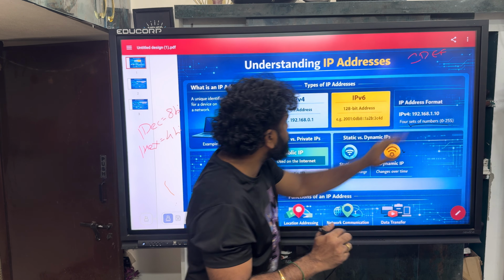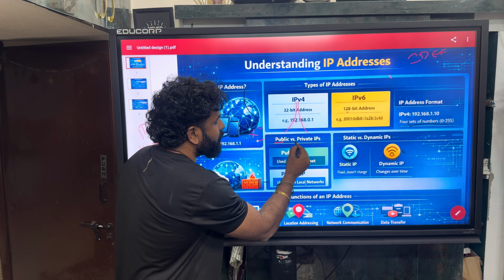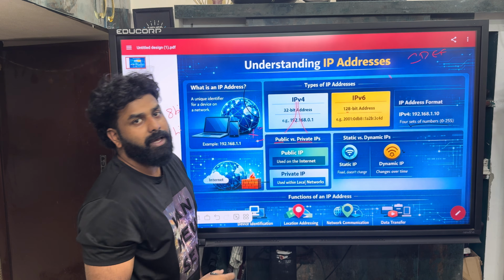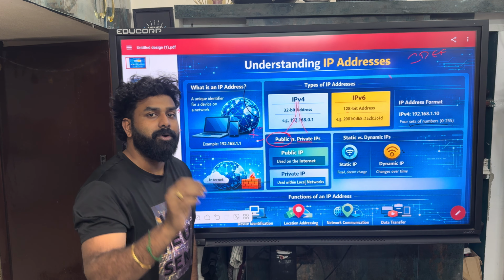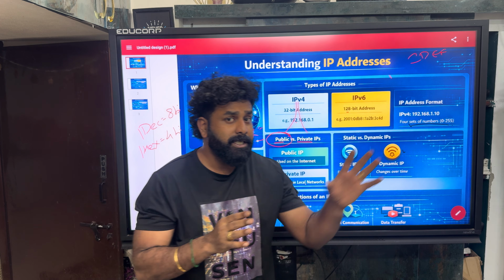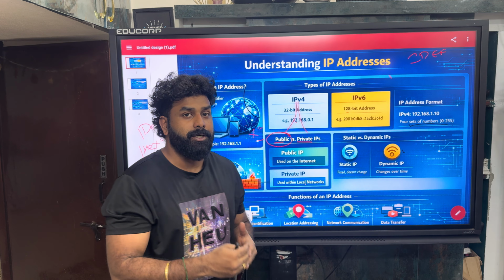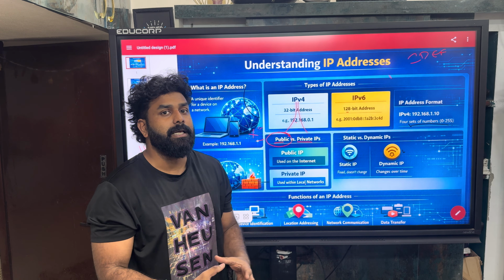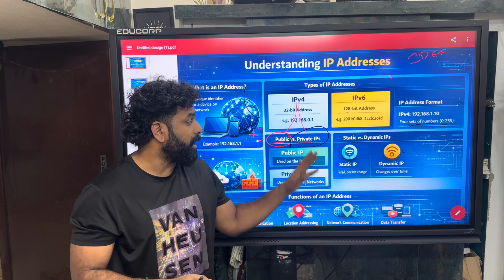One is called private IP and public IP. In a very simple way, if you have a public IP address on your computer, it can reach the internet. If you want to reach the internet, you have to use a public IP address. If you want to communicate locally within my network, use private addresses.